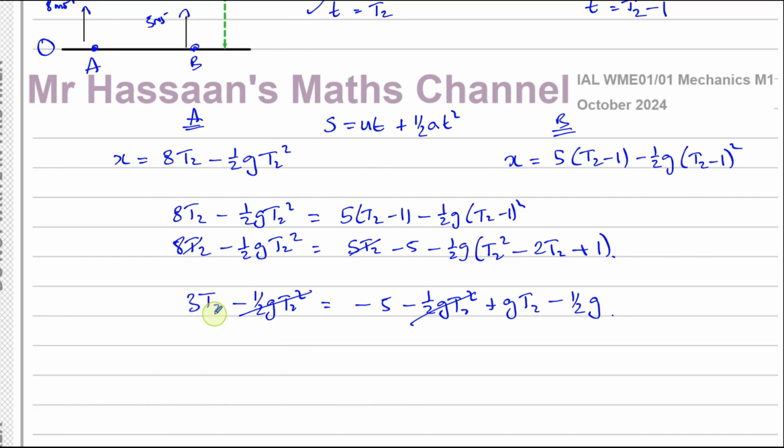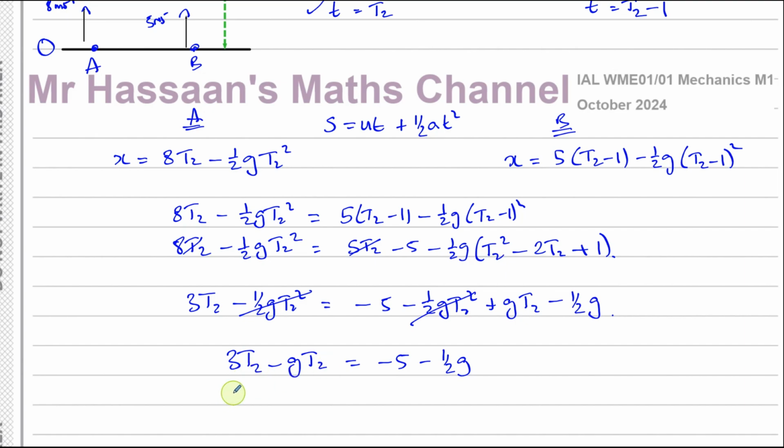And I've got here 3T2, and I've got a T2 term here, so I'll bring that on this side. So 3T2 minus GT2 is equal to, I've got minus 5 minus a half G. Okay, now I could replace G with 9.8 here, I guess. Or I can leave things in terms of G. Let's do that and put G in as 9.8 at the end.